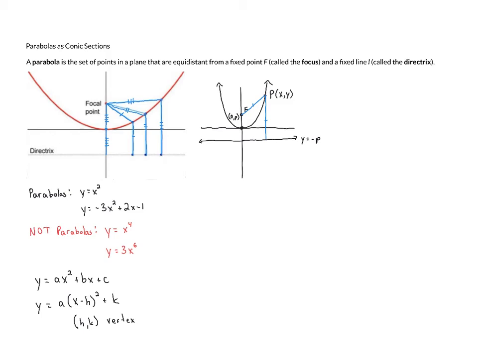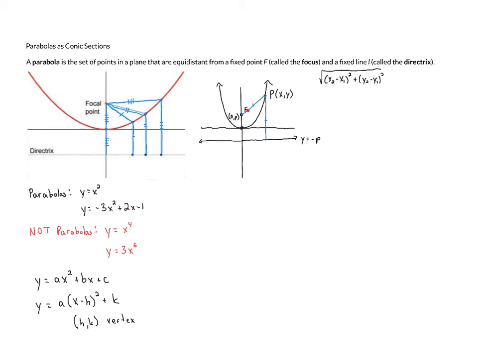And so we can actually use the distance formula to figure out what these two distances are. So if we wanted to know the distance between F and P, remember, it's the square root of (x2 minus x1) squared plus (y2 minus y1) squared.